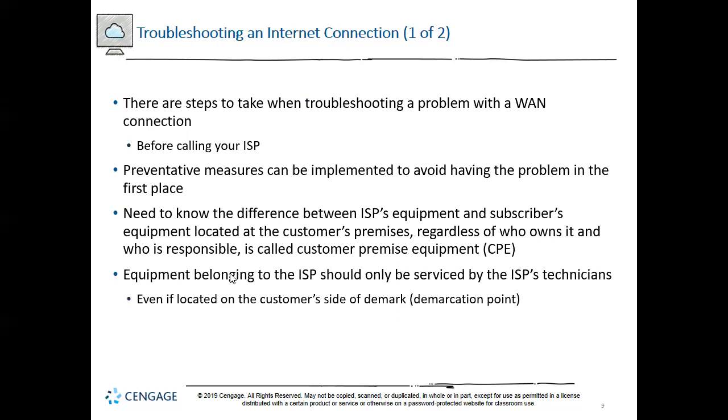Really, tend to your own customer premises equipment before you start talking to the ISP. That's going to save you some money, and maybe some time, because they can't actually solve your problems on your work site. That's your stuff, and so you need to look there.